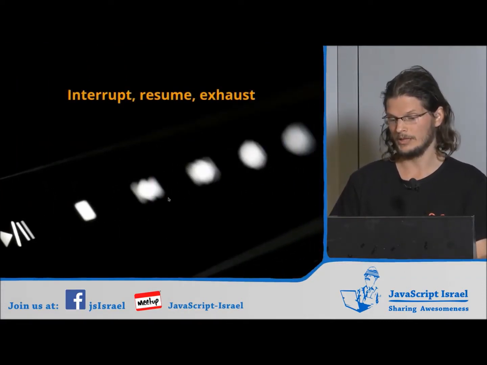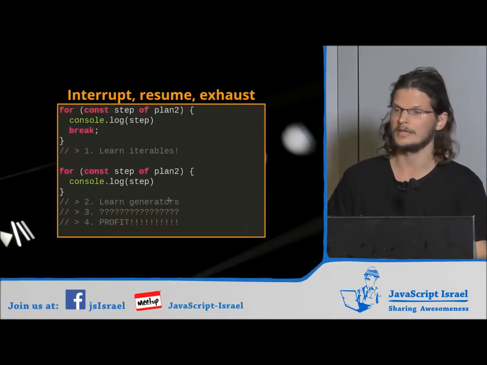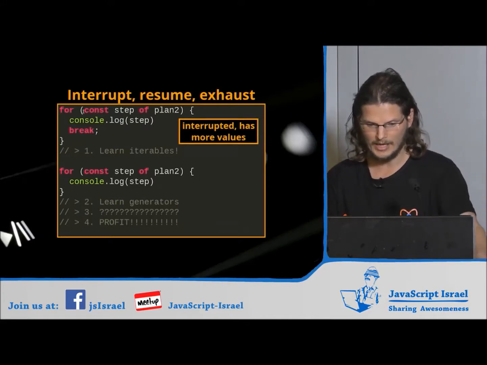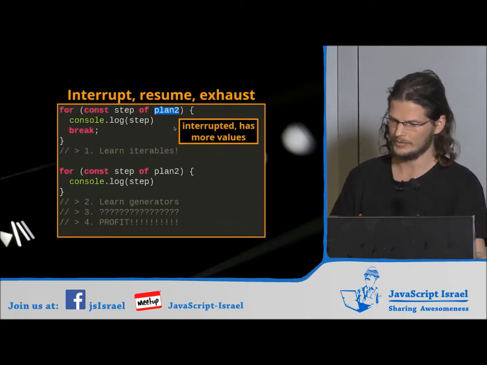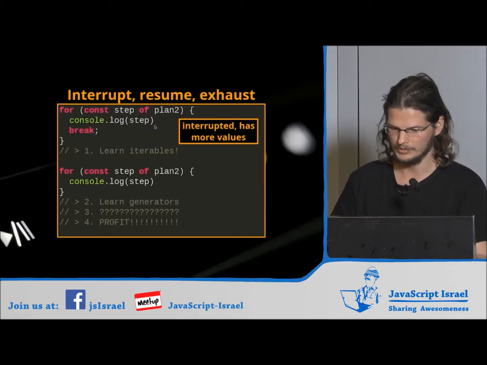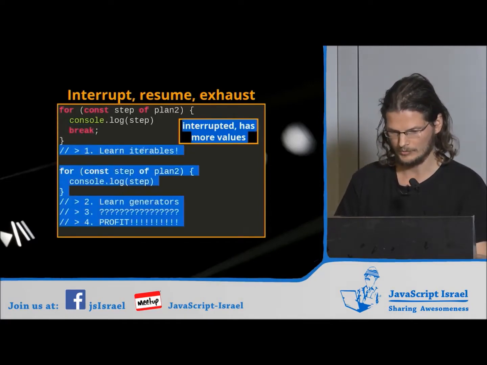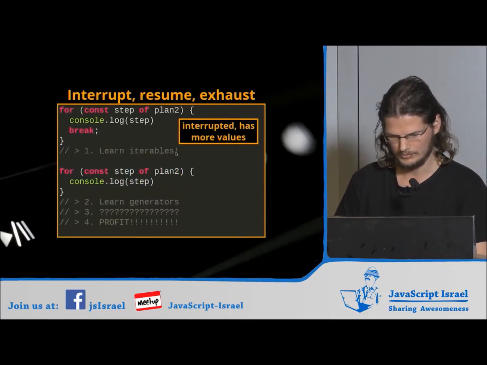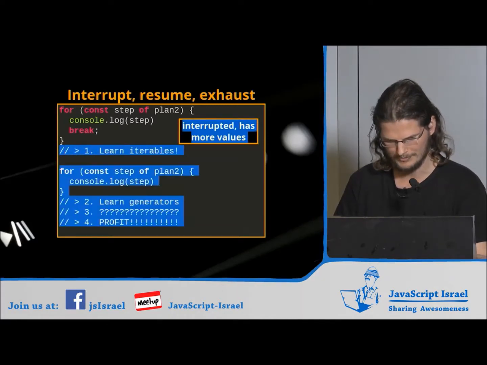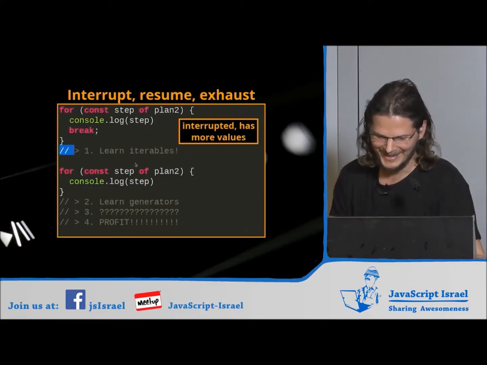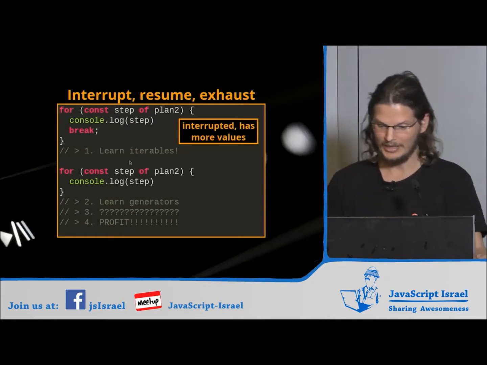Next, we can interrupt, resume, and exhaust iterators. So let's say I have the same plan from the previous slide, the same iterable, and I want to iterate it, and then I break on the very first iteration. This is the output that we get. My mouse broke. This line is the one that gets printed, okay?